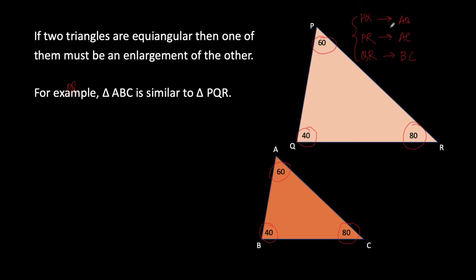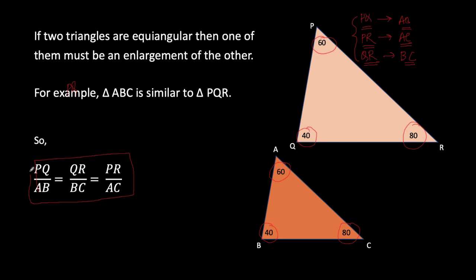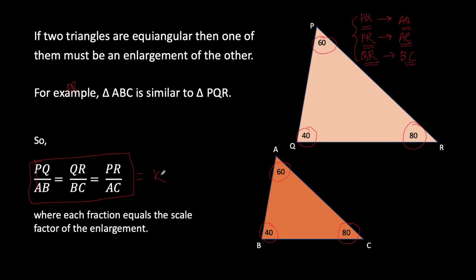For example, we can say triangle ABC is similar to triangle PQR because two angles are the same. So we have PQ over AB, PR over AC, and QR over BC, which are in proportion to a scale factor known as K, where each fraction equals the scale factor of enlargement.